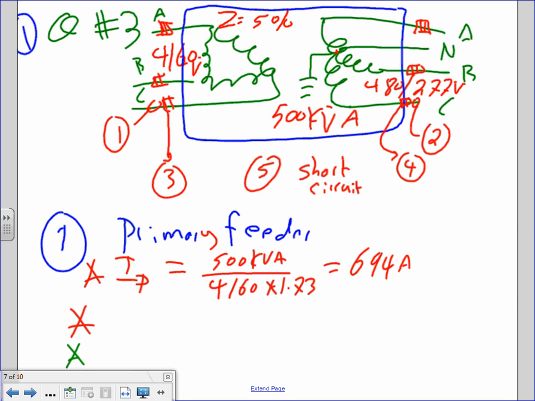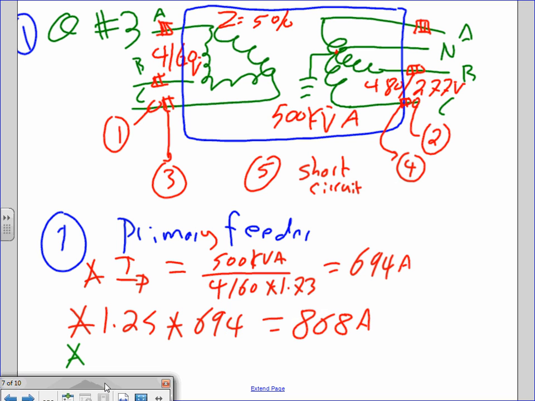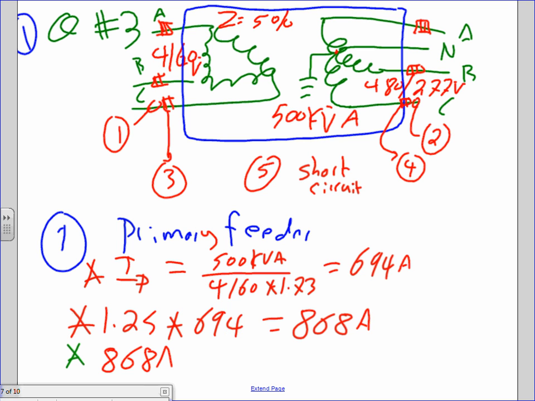Then we're going to assume it's continuous load, 1.25, and I'm going to multiply 694 by it, and that will give me 868 amps.